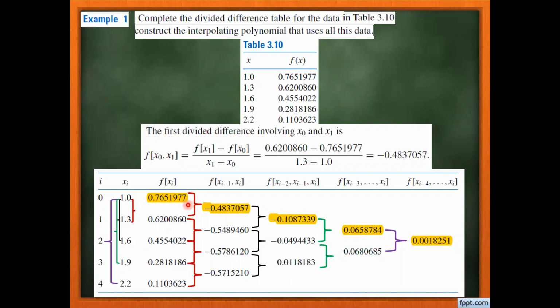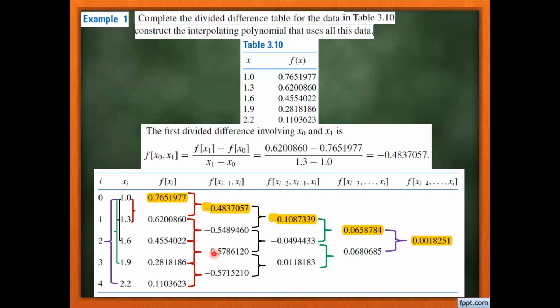So that is the first divided difference value. Now, for each successive value, you need to move 1 point ahead. I will take the difference of these two values, 0.4554 minus 0.620, divided by 1.6 minus 1.3.